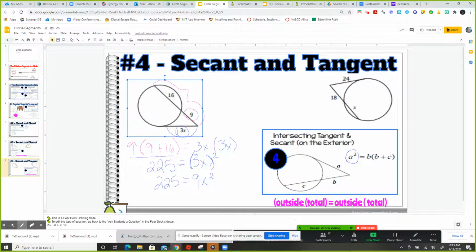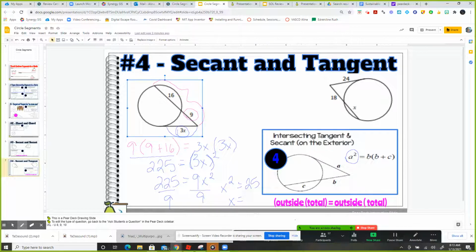So now to solve this, we want to get the x by itself. We want to divide by 9 and divide by 9. So 225 divided by 9 gives me 25. So x squared equals 25. Therefore, x equals what? What's the square root?